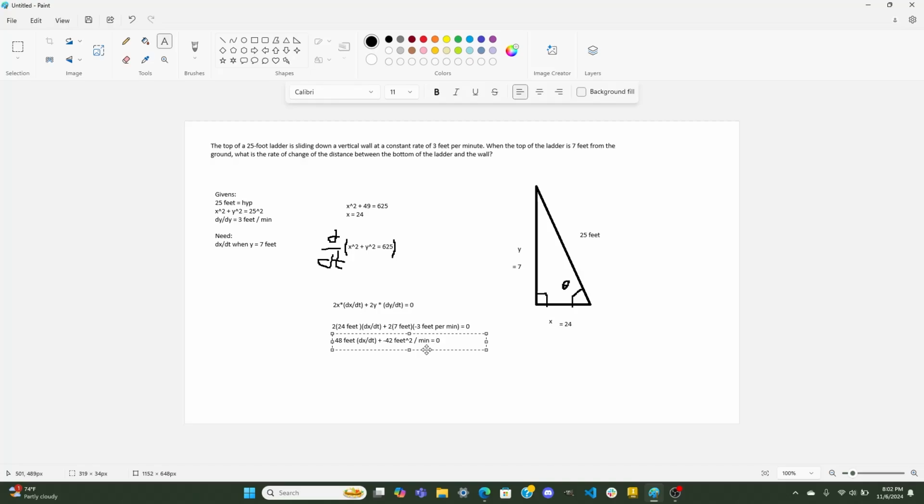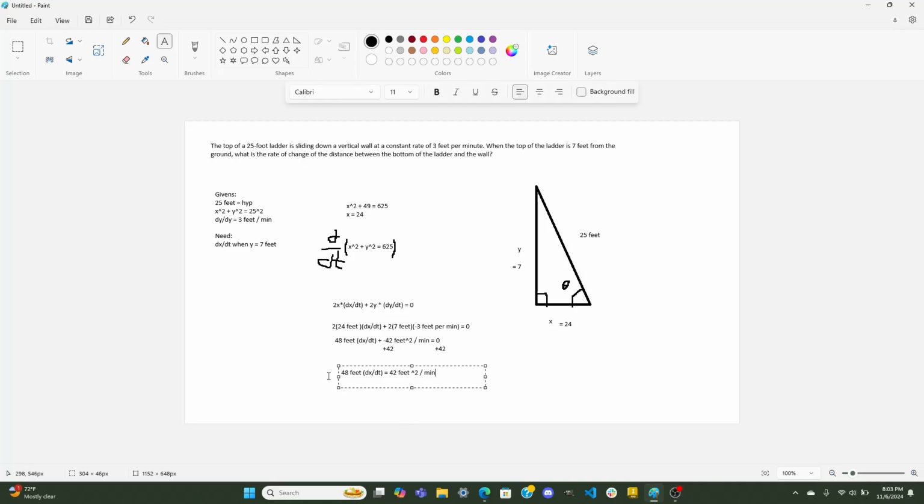So, now that we have everything filled out, we can start to solve for dx over dt. You would do this by isolating it, and we would start by subtracting 42 from both sides, or well, in this case, adding. So we add 42 to both sides, and this will leave us with 48 feet times dx over dt equals 42 feet squared per minute.